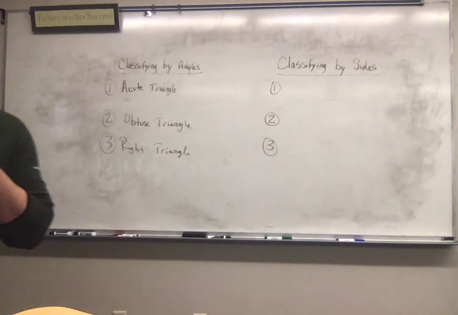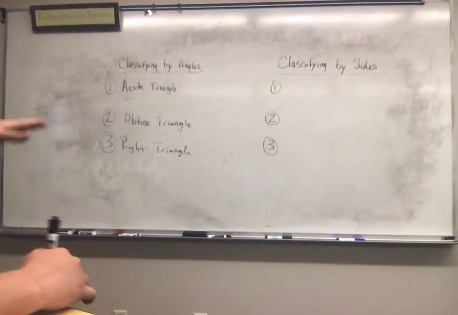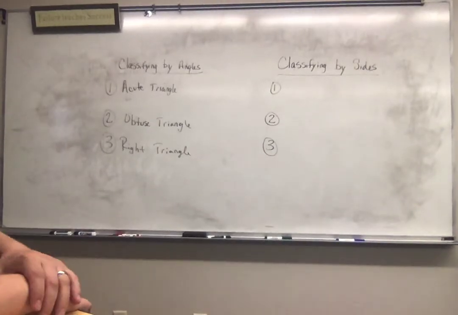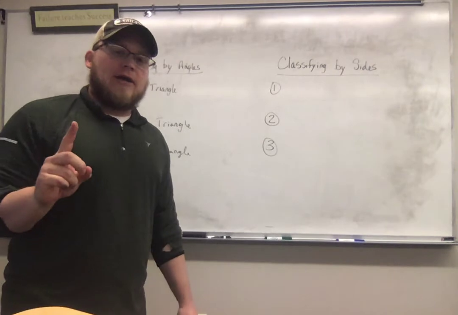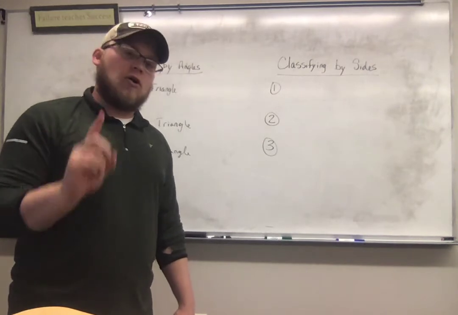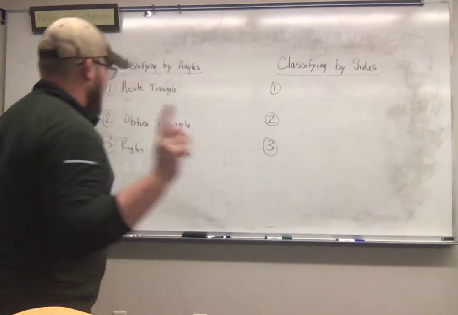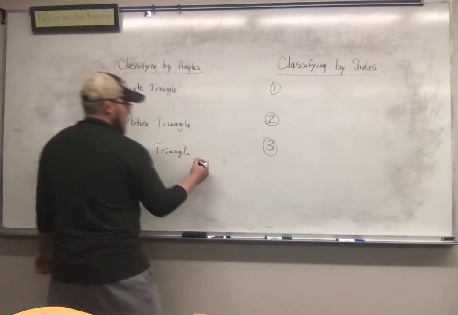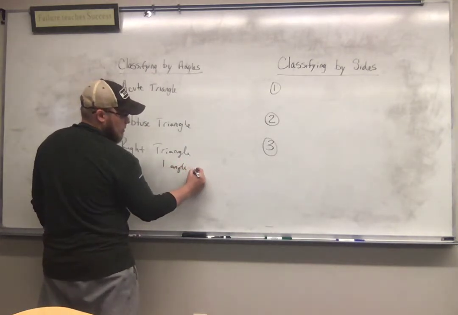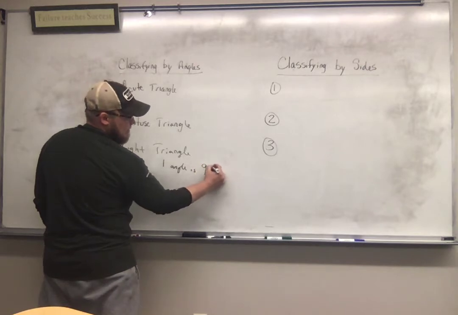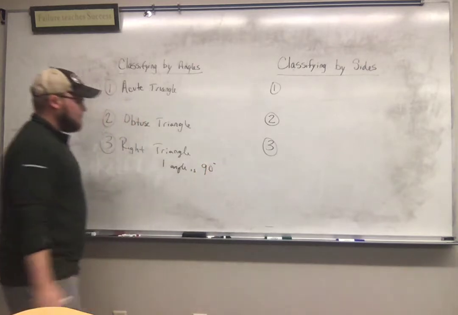Okay, so the very first one we'll talk about, number 3, right triangle. That's the bottom one. That means one of the angles of the triangle is 90 degrees. Okay, that's the only one, but it means one of them is at least 90. So I'm going to write one angle is 90 degrees.